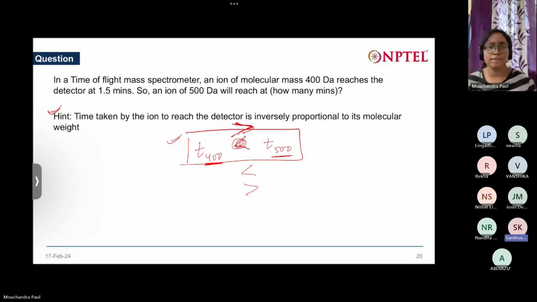In the week 4 session also, the same was said, ma'am. When the molecule is higher, the time taken is also higher. But it was stated as inversely proportional. That was my doubt. No, no, you're correct. The doubt that you asked me is actually correct. Here 500 Dalton is larger, so it will take more time. Correct?